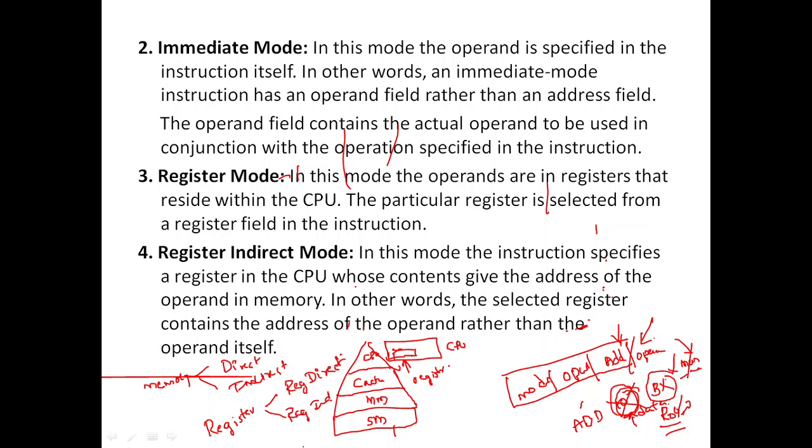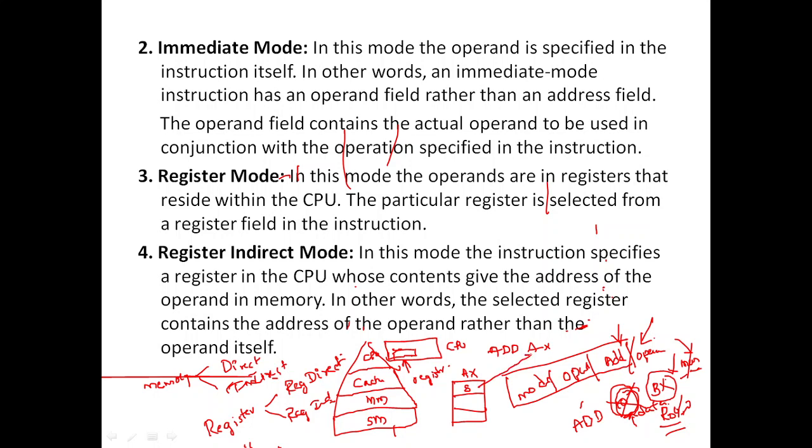So what does it mean? Suppose here the memory location is there. Suppose here the AX register is there. If I have said ADD AX, this AX register is going to contain an address.